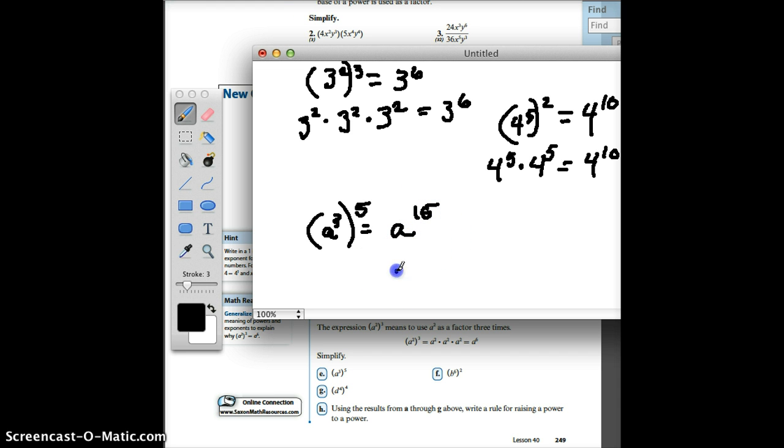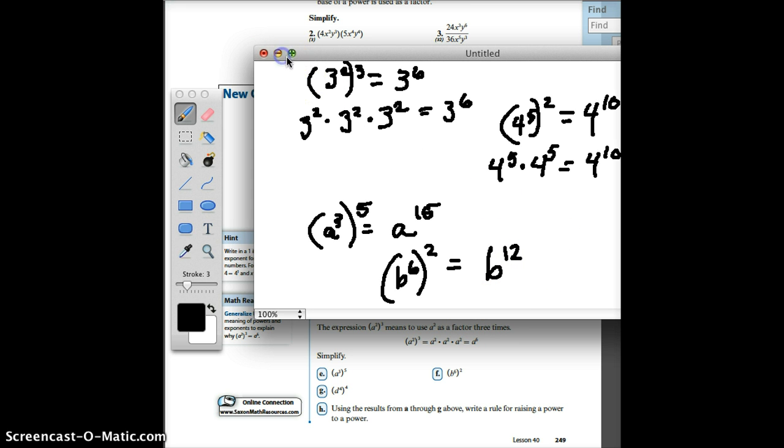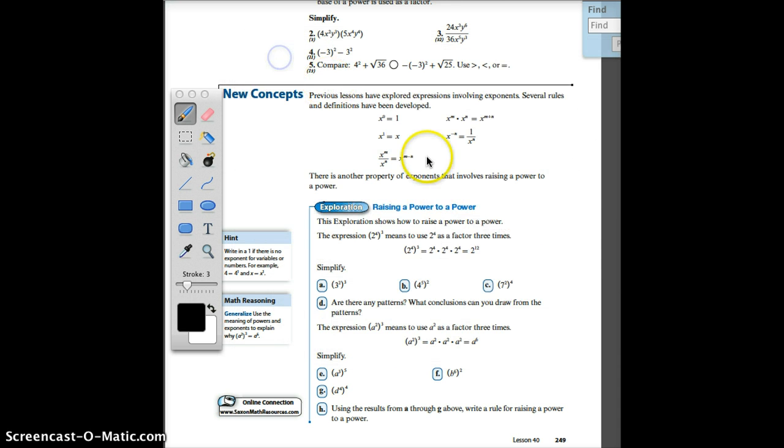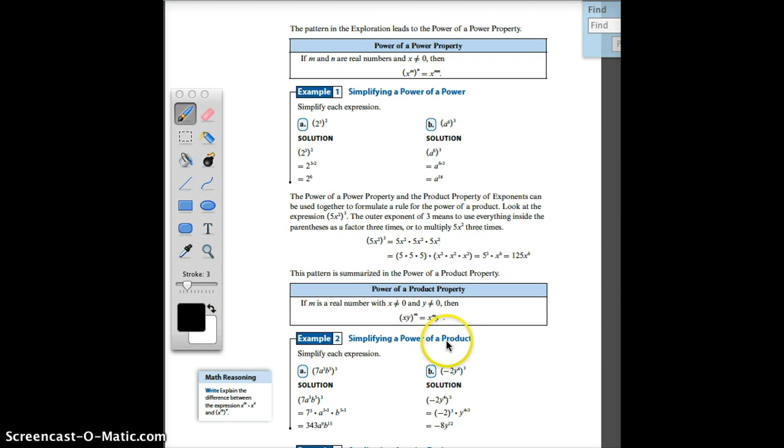Or b to the 6th squared is b to the 12th. 6 times 2, 12. d to the 4th is d to the 16th. Hopefully that makes perfect sense for you.